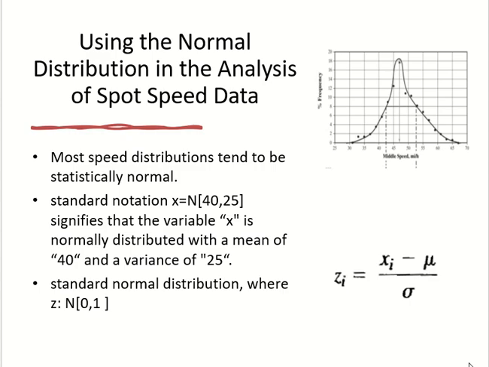If you have the standard deviation, you have the variance. This is how we represent data which follows normal distribution, with its mean and variance. X follows normal distribution, mean of 40, variance of 25.